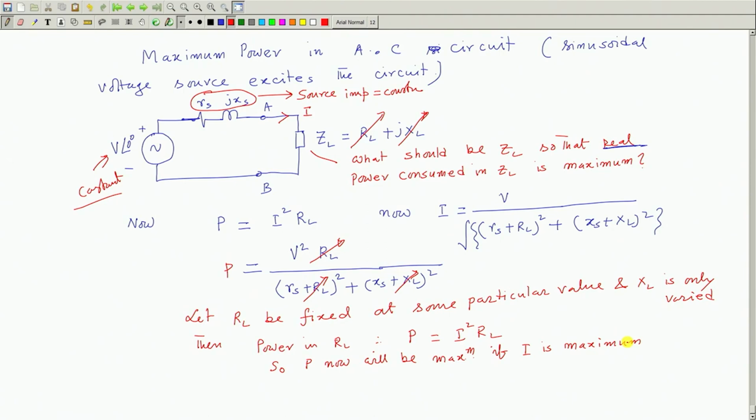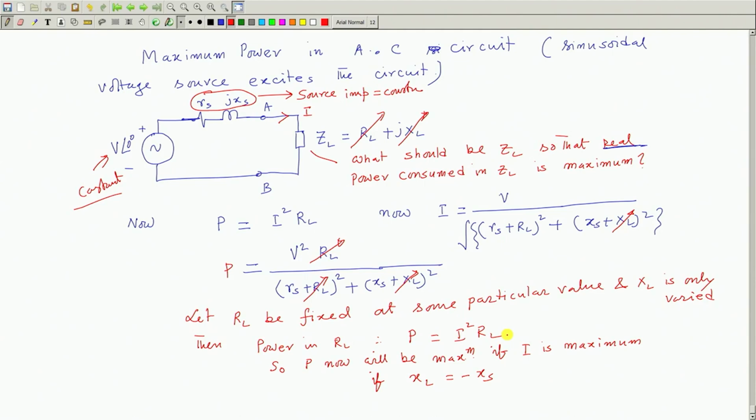In this case, the same expression is valid now for I. Now, I am telling RS, RL I have now fixed, I am not changing RL, XL only I will vary now. Then when I will be maximum, does it require any derivation? I will simply say I is maximum, looking at this expression, if the value of XL is equal to minus XS, then only it will be maximum, otherwise how?